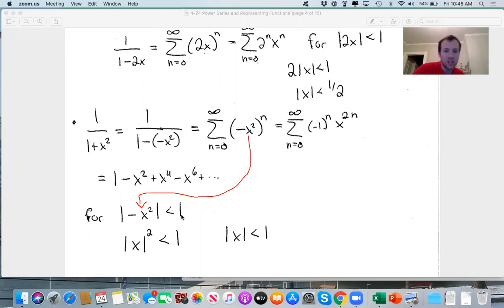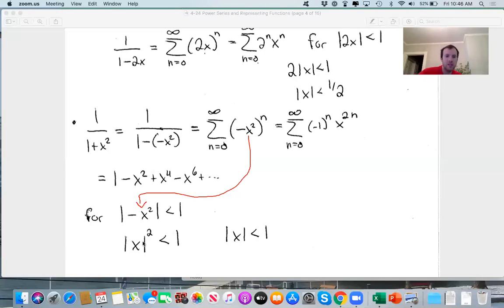And so in trying to identify this, we can get rid of the negative. And instead of taking the absolute value of x squared, we can take the absolute value of x and square it. And if the square of the absolute value of x is less than 1, then the absolute value of x also has to be less than 1.